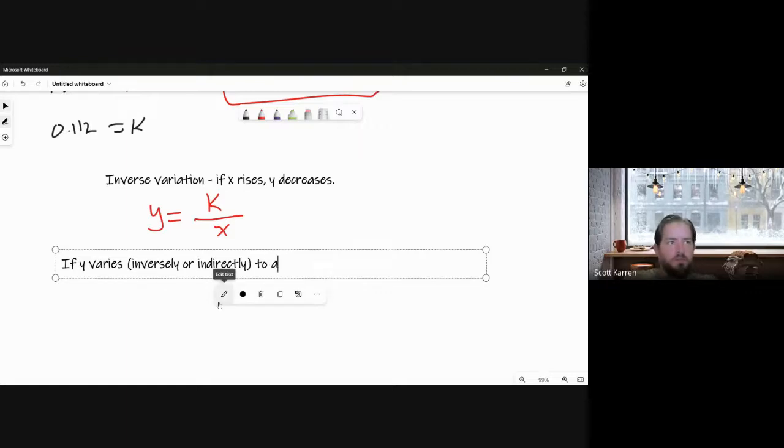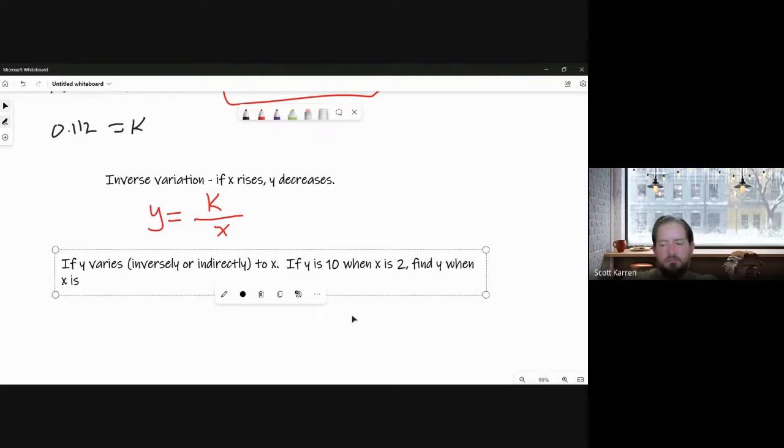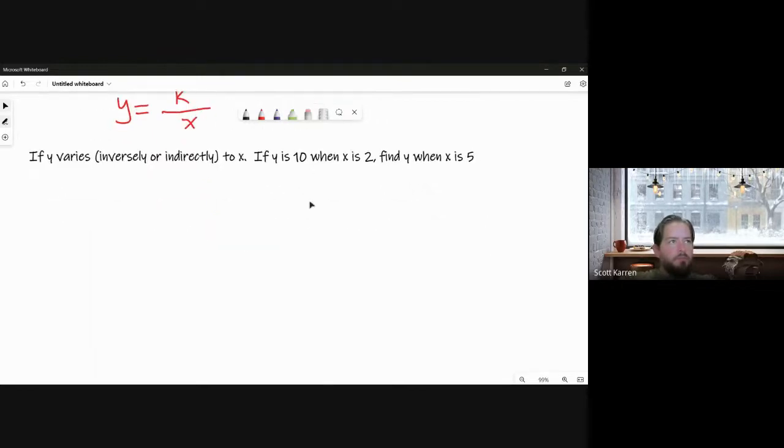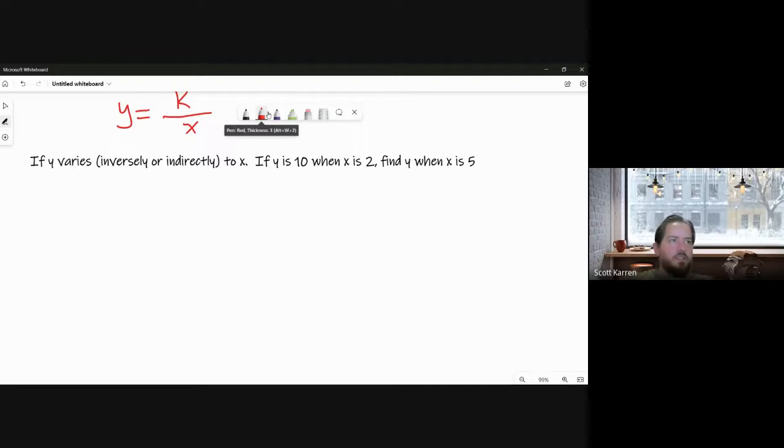And then they say, if Y is, let's say, 10 when X is 2, find Y when X is 5. And we can. Once again, because it says inversely, right? And again, indirectly is not a great word. Some books use it. I don't think this book does, but inversely is what we want.